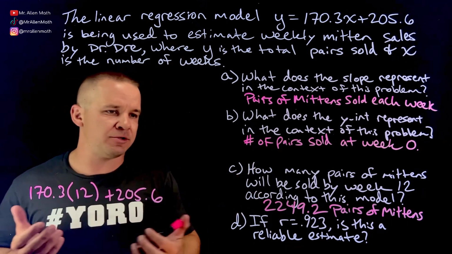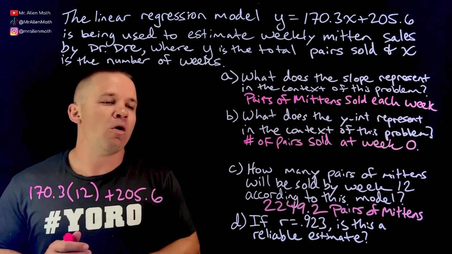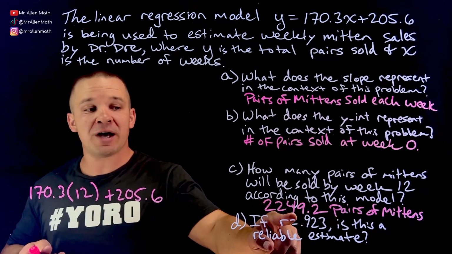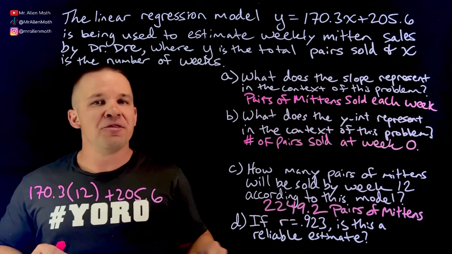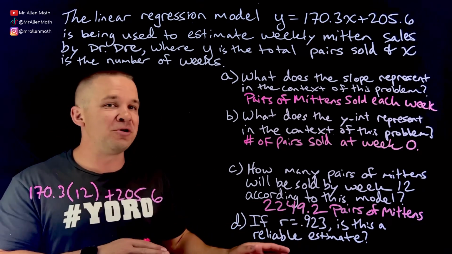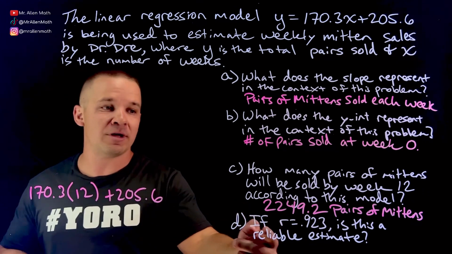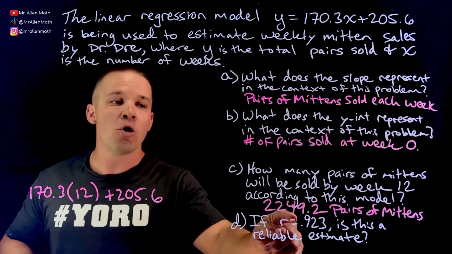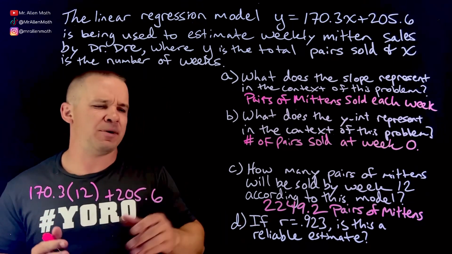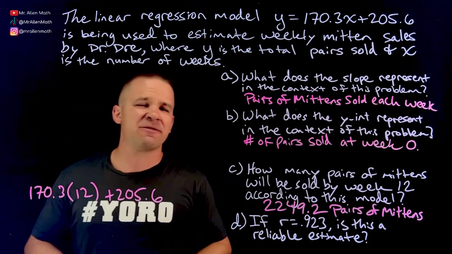So we say 2,200 pairs, roughly. Or they might say to the nearest 10 pairs. We'd say 2,250. Other than just saying tenths and hundredths, the decimal places, you can also do it for the ones before the decimal and say to the nearest tens place or to the nearest pair. So 2,249 pairs then. It depends on what the question asks. This one didn't specify. I'm going to write it all down.